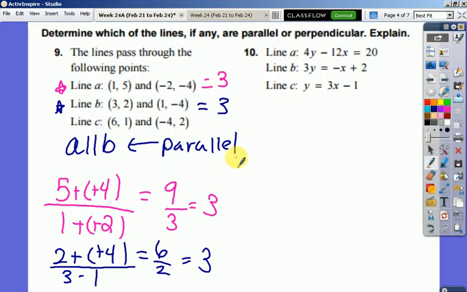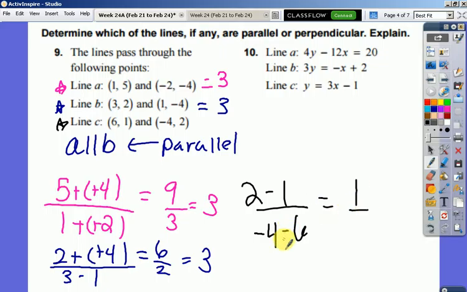Okay, line C. Find the slope for line C. 2 minus 1 over -4 minus 6 equals 1 over -10. Okay, so I have 1 over -10, which is -1/10. Is that right? 2 minus 1 over -4 minus 6, yes. So, is that parallel or perpendicular to anything?